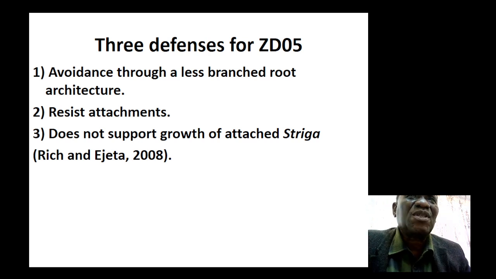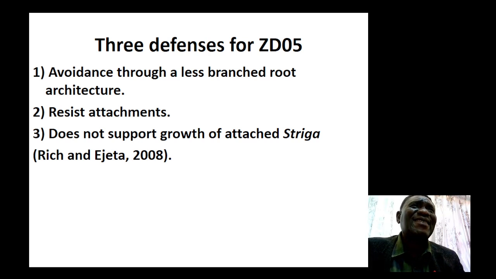Now, if we look closely at the ZD05, it can avoid striga because of its less branched root architecture, but this is not a very strong trait for resistance.